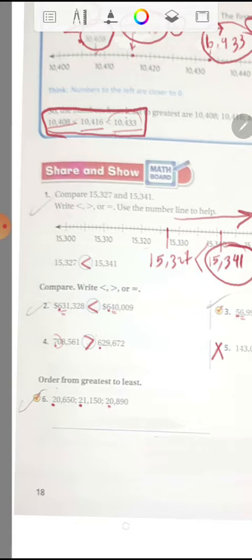Look, you have to focus here. This one is 0, this one is 1, this one is 0. So which one has the greatest number? I think this number has 1. So this number is the greatest number. So it will be first, 21,115.